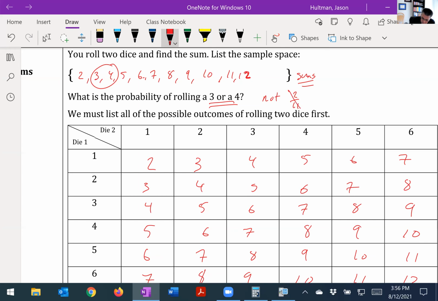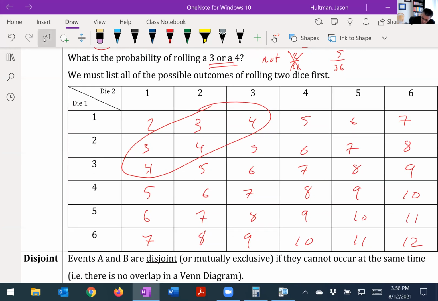It is this group here, which is 1, 2, 3, 4, 5. This is 5 out of 36, because in a 6 by 6 grid there are 36 outcomes, and there are 5 that match that criteria.